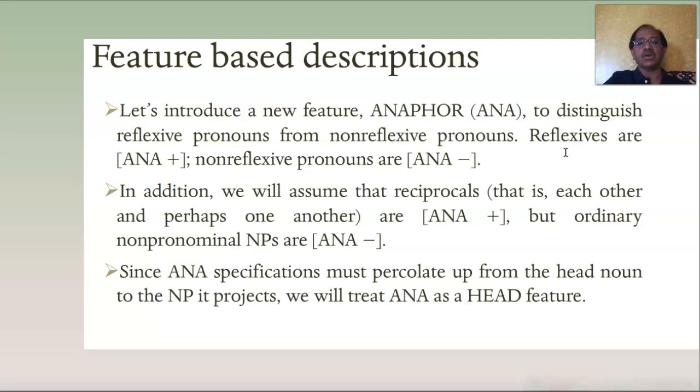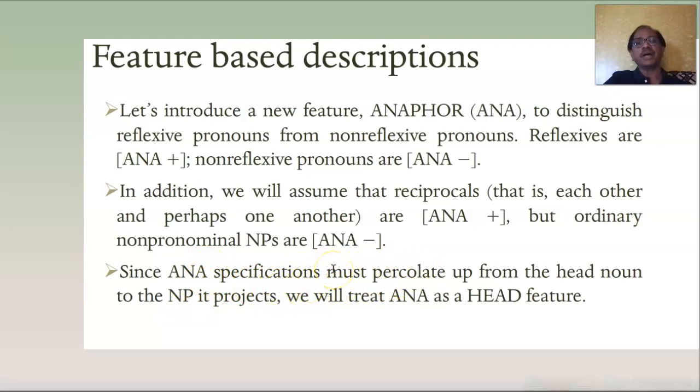Okay, so anaphor is a feature we are introducing to distinguish reflexives from other pronouns and noun phrases. Then, since ANA specifications must percolate up from the head noun, right? That is, a word like herself or himself has the ANA feature, which is plus, but that has to go up to the NP which it projects. How can it percolate?